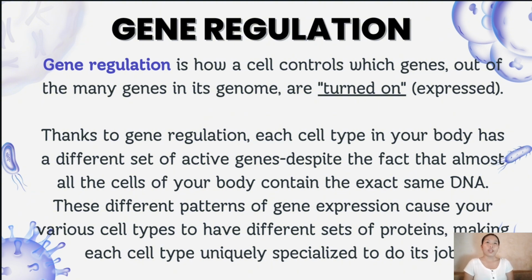So in a simpler manner, gene expression is the action of making the protein, and gene regulation is the brain that directs that action. So, expression is the action itself, and the one who directs how much to turn on or how much action to do is the gene regulation.